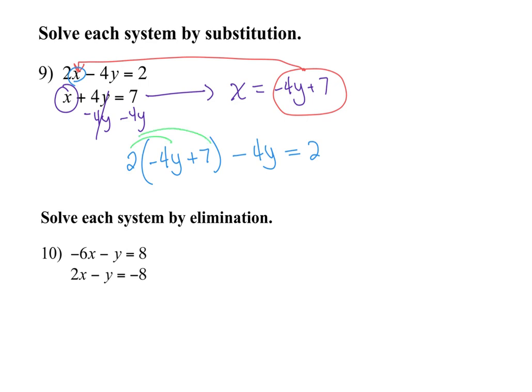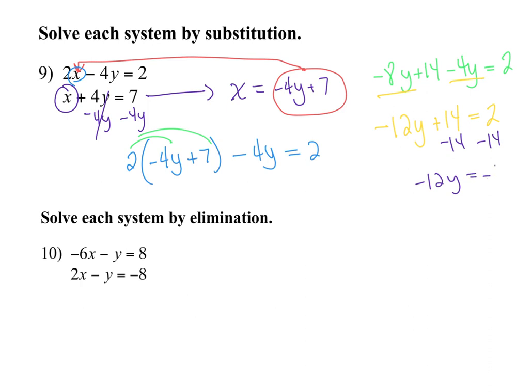Now I'm distributing. Negative 8y plus 14 minus 4y equals 2. You should have combined your like terms. Negative 12y plus 14 equals 2. Subtract your 14. Your y value here should have been 1. But I'm not done. I need an x value.